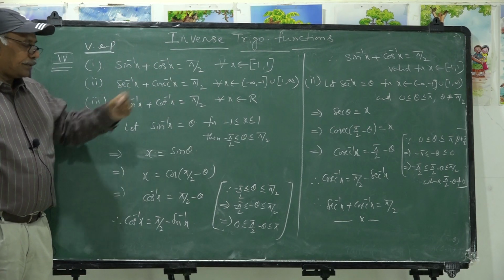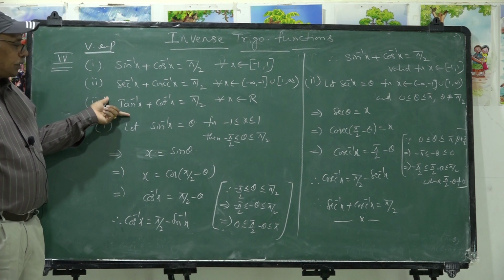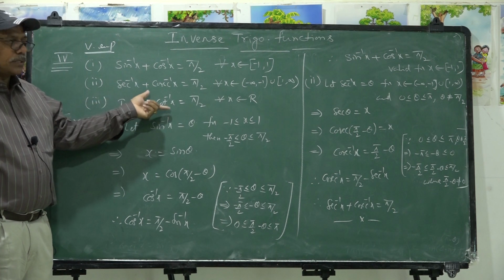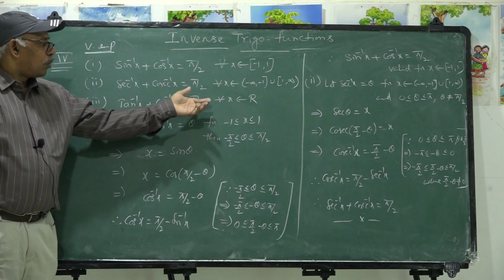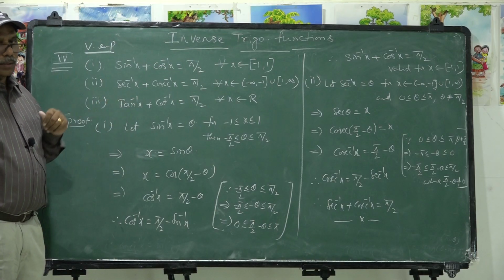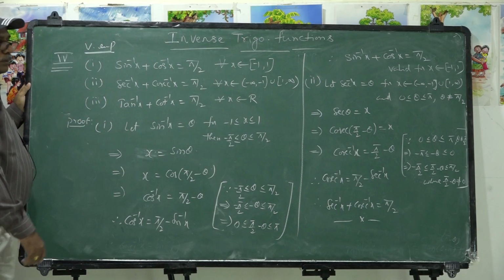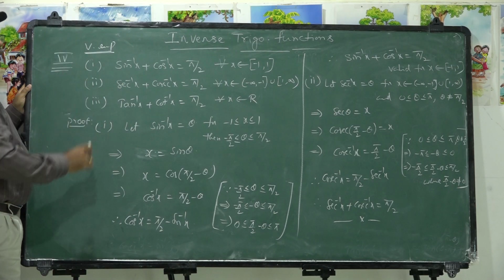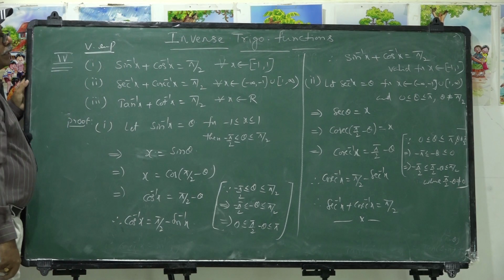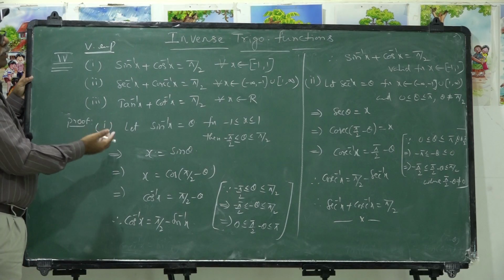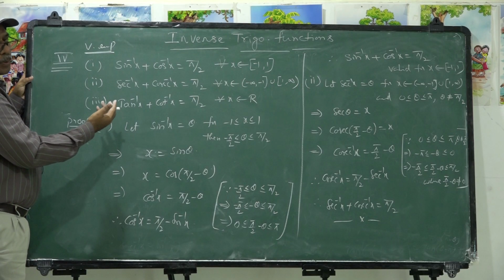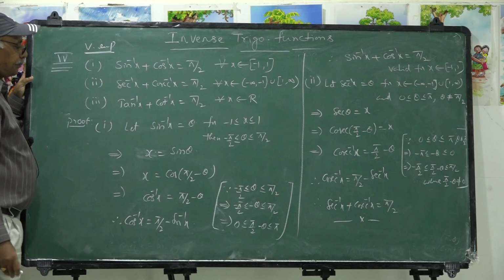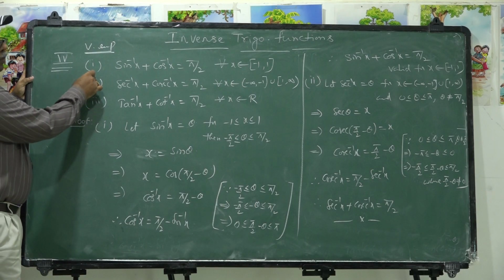Similarly, the third one is tan inverse x plus cot inverse x is pi by 2 for all x that belongs to R. These three are very important relations in inverse trigonometric functions, and even in dealing with problems they play a vital role. So, coming to the proof of the first one.